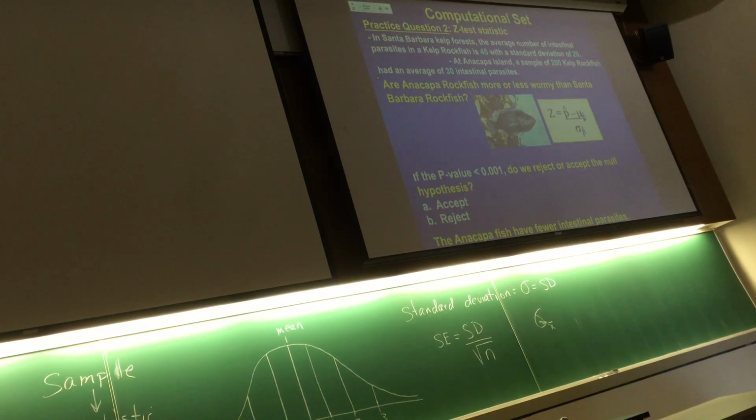So for this one, wait a minute, I have to clear this. So our p-value is 0.001. Do we reject or accept the null hypothesis?